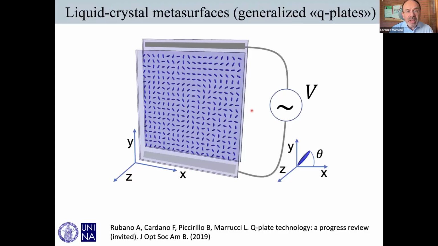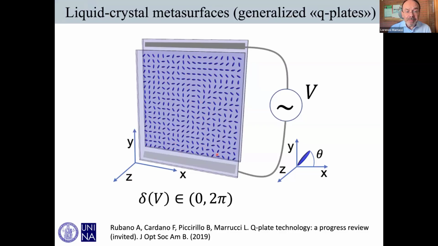Our approach to obtaining this is based on what we now call liquid crystal metasurfaces, which are devices that can also be considered generalized Q plates. They are based on liquid crystal cells in which you have a pattern of liquid crystal molecular director, which is the average orientation of the molecules, which also defines the birefringence optic axis point by point.